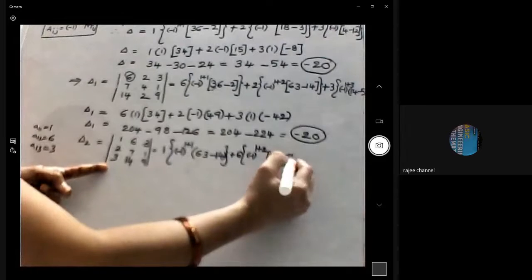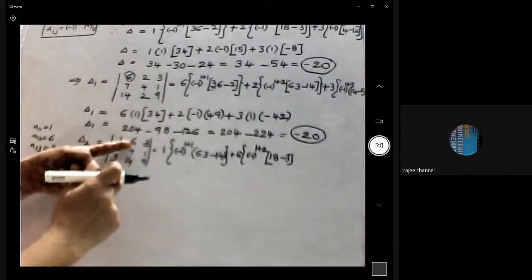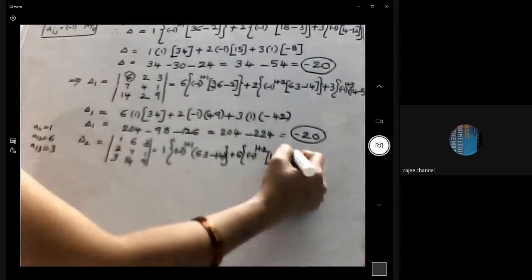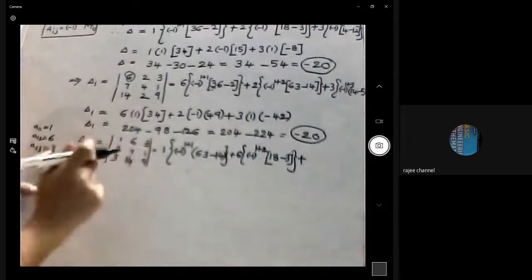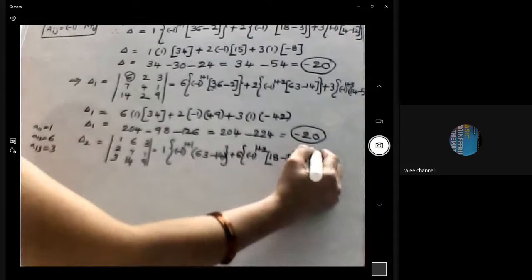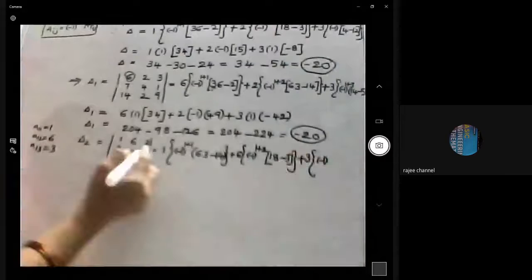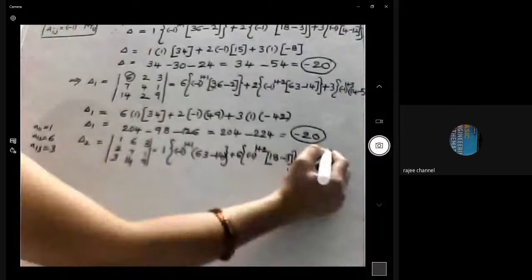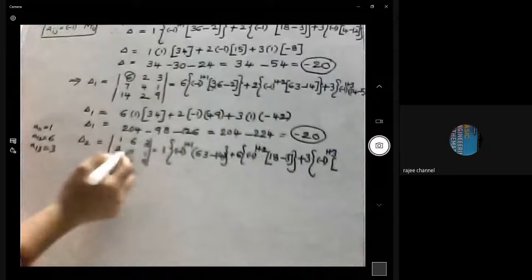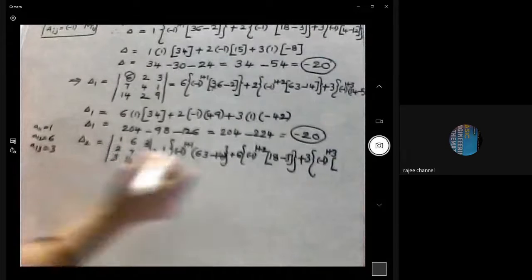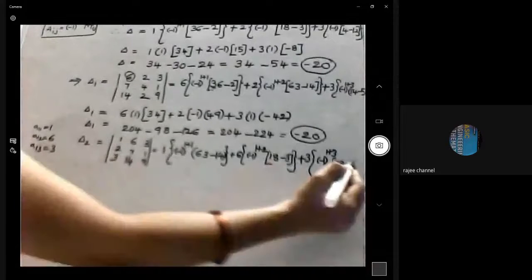This is the minor value of A12. Next, A13 is equal to 3, capital A13. Minus 1 whole to the power of 1 plus 3, first row and third column, into the minor value: 14 into 2 is 28, minus 7 into 3 is 21.